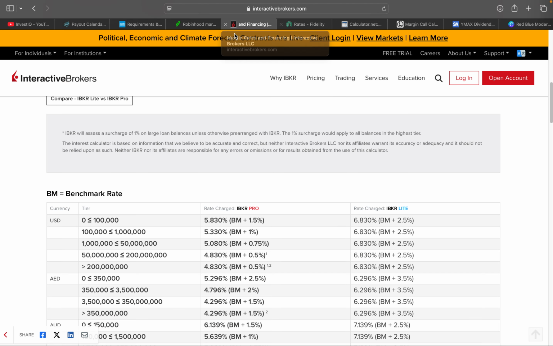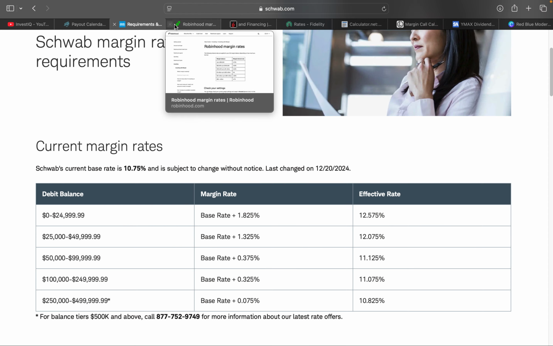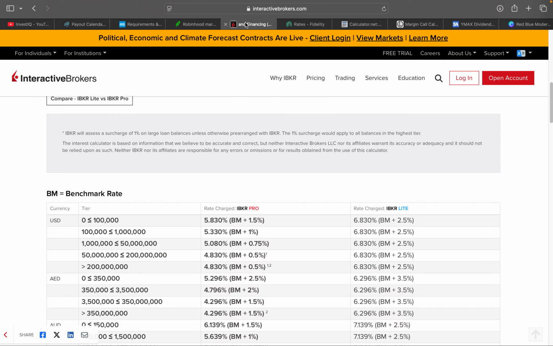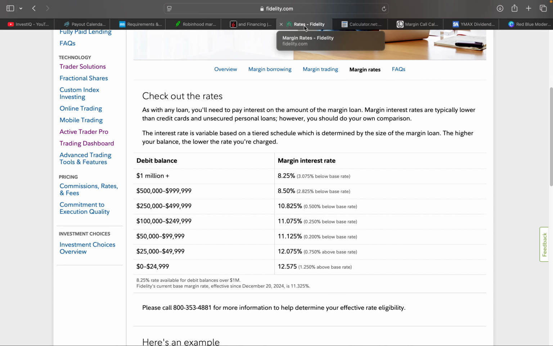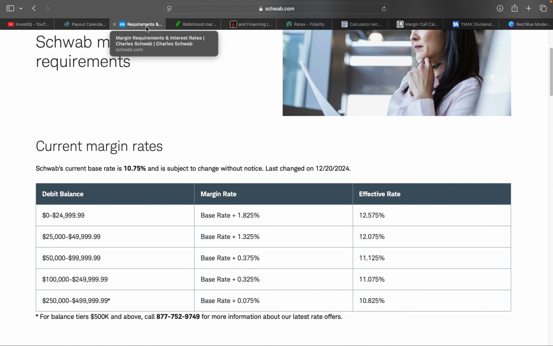Like I said earlier, Charles Schwab is different from Robinhood, and Robinhood is different from Interactive Brokers. Everything differs. You have to use the strategy that works for you or makes the most sense to you. If you want to live out of your account, that's fine. But use these tools to your advantage and figure out what broker works for you.